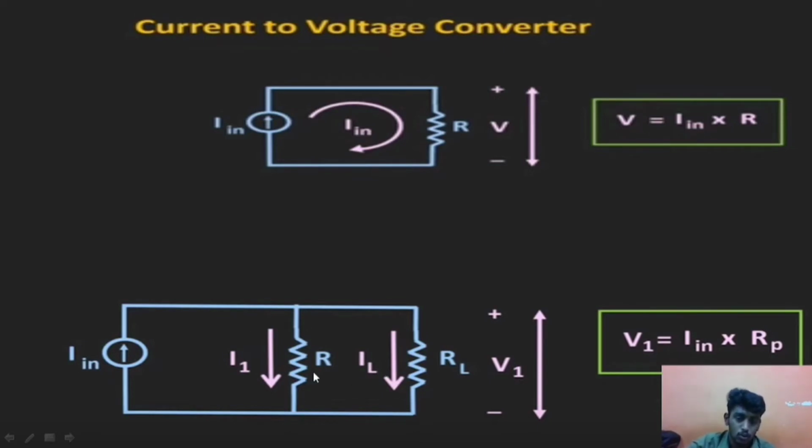I1 flows through R and IL flows through RL. If RL is comparable to R, there will be variation in these two voltages. V will be more and V1 will be less. To avoid these conditions, we must use an active current to voltage converter.